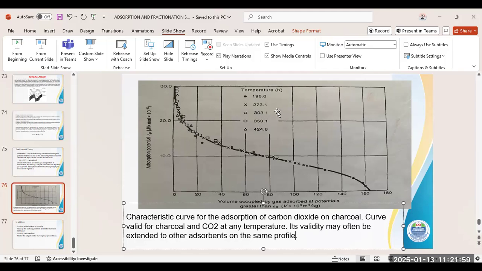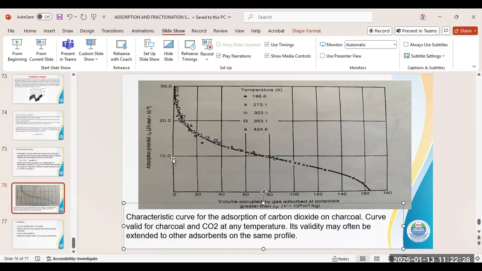So if you have temperatures, especially the ones that are within this range of temperatures, if you are carrying out an adsorption within this range of temperatures, you can actually come here and have a pre-formed idea of what your volume is likely to be, the volume of the adsorbent that is likely to be adsorbed, given your adsorption potential.